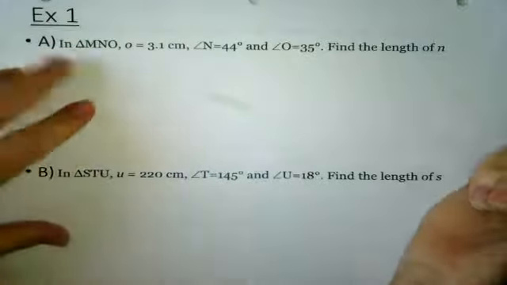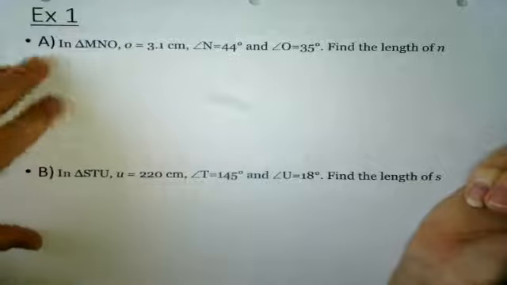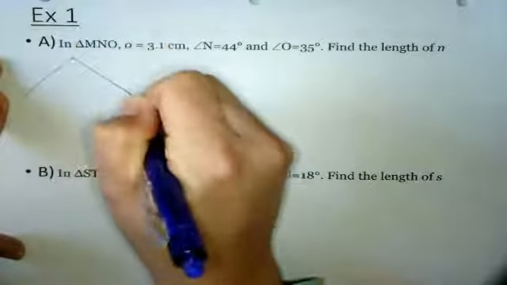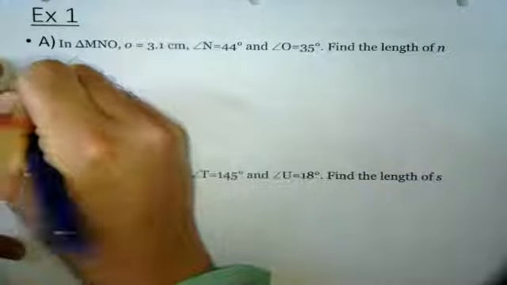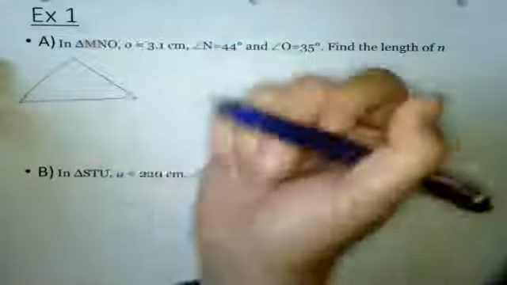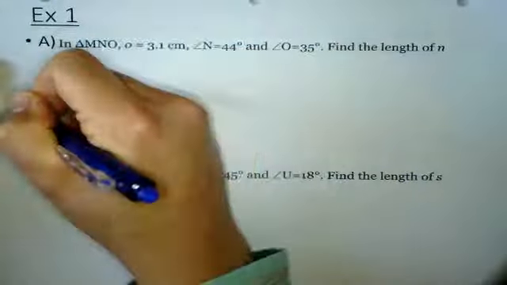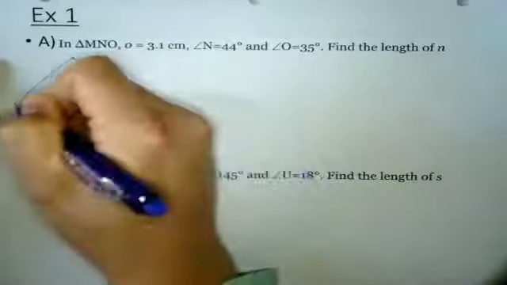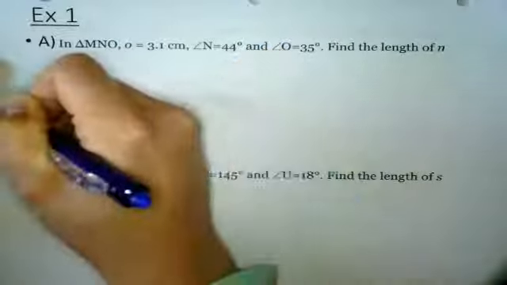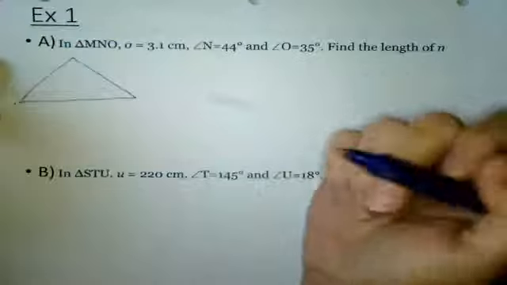So in triangle MNO, the first thing we always want to do is go ahead and draw our triangle. And as long as you draw it and set it up properly, it doesn't matter if you put M here and then N and then O, or go this way. It doesn't matter.